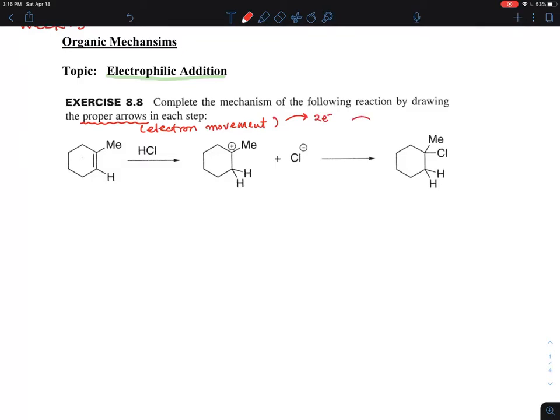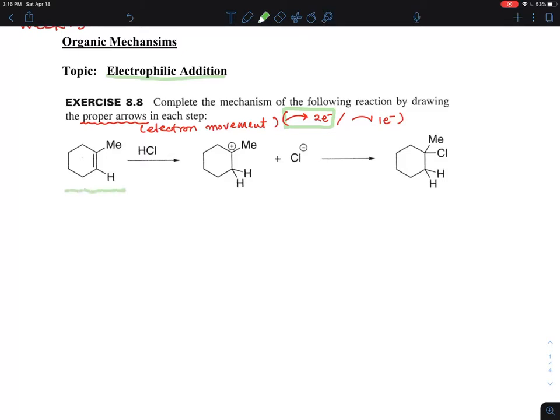And this fish hook kind of arrow is about one electron movement. Probably you will learn that in the second year organic chemistry class later on. But this time we are focusing on just the regular arrow involving two electrons and usually forming a bond. Okay. All right. So let's have a look at this molecule.